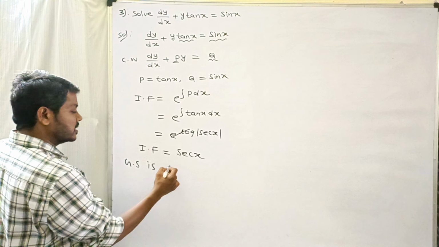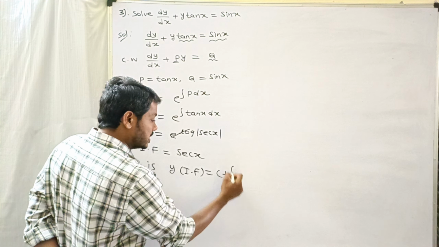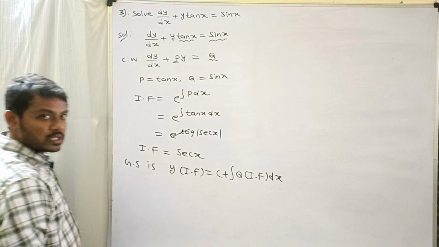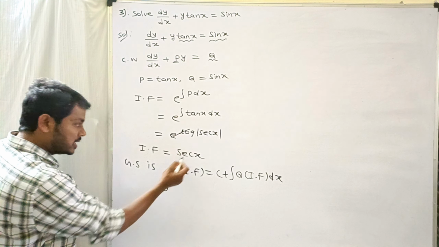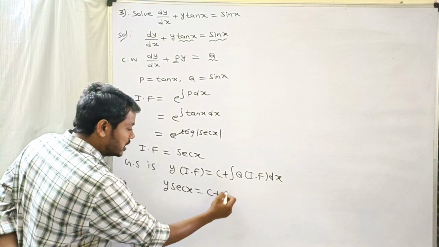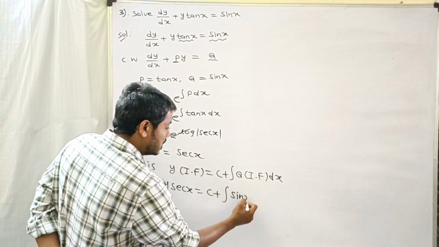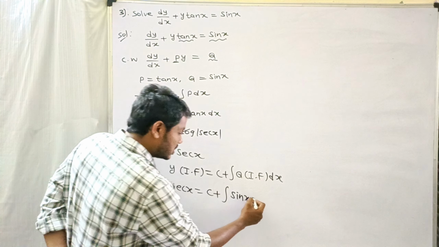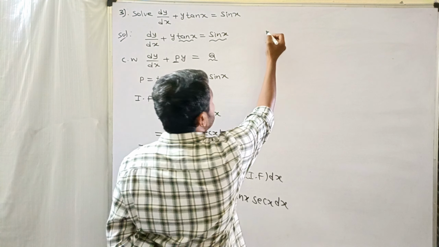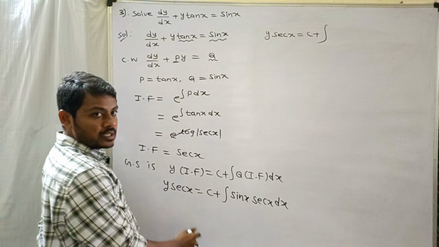The general solution is y into integrating factor equals c plus integral q into integrating factor dx. Substitute in the formula: y into integrating factor secant x, so y secant x equals c plus integral q, what is q? sin x into integrating factor secant x dx.